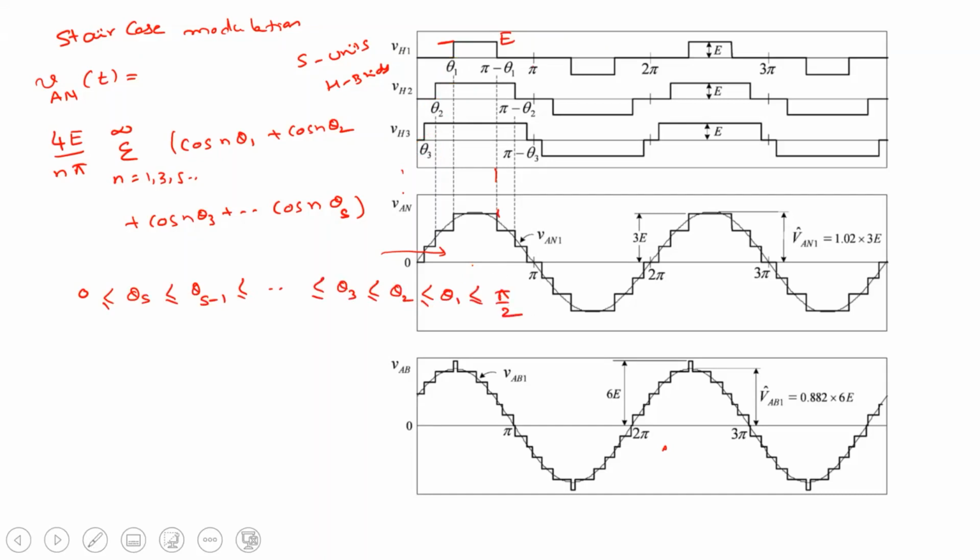So this is the relation, right? Understood? So our objective is to find the values of theta 1 to theta S.